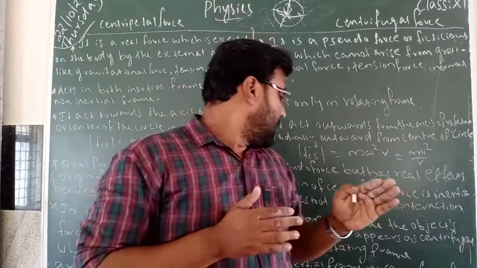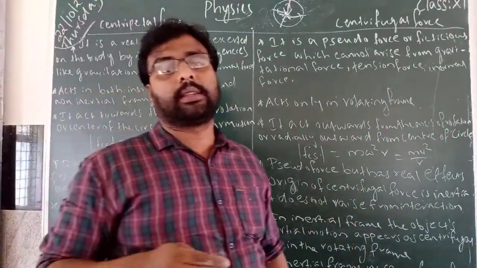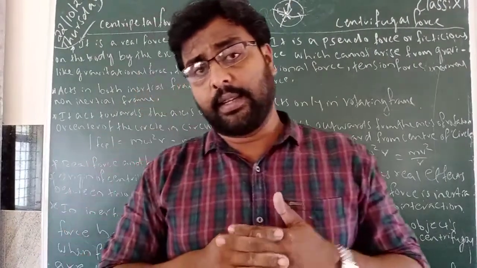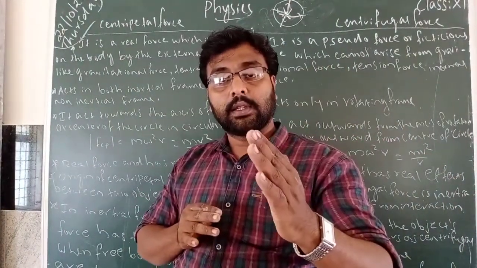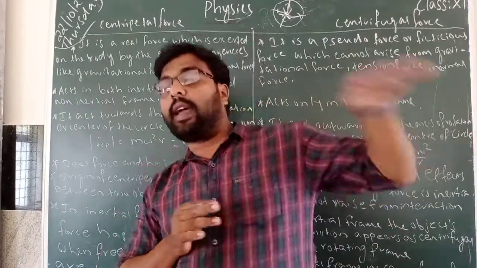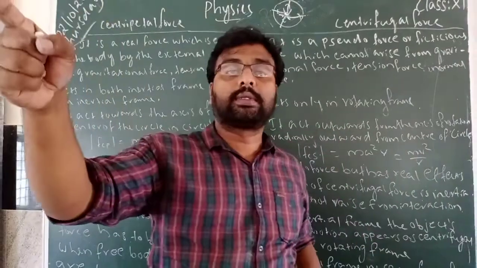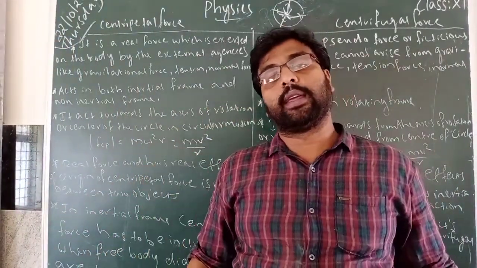And here, the origin of centrifugal force is inertia. It is not arising from interaction. For example, you are standing on the bus. When the bus starts suddenly, you are going outside. It is what property? Inertia property.